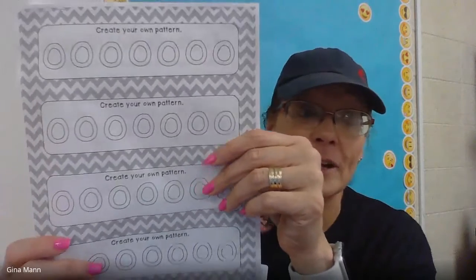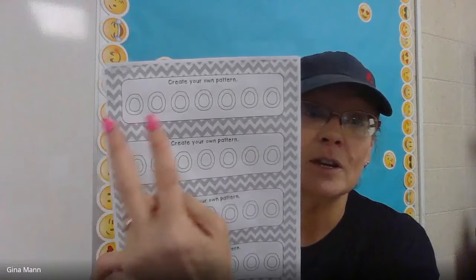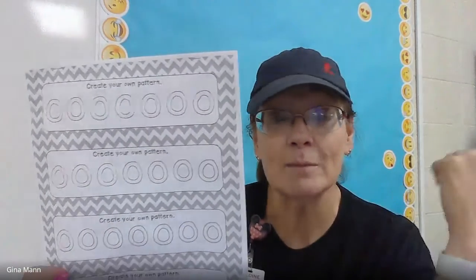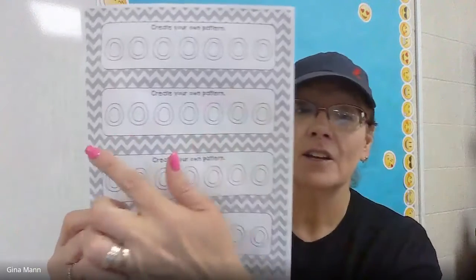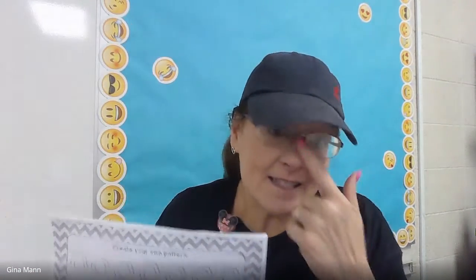And you can say, okay, let's start with an AB pattern. Pick 2 colors. What comes next? What comes after that? You can try ABC. You pick 3 colors. ABB. You're using things that you have.